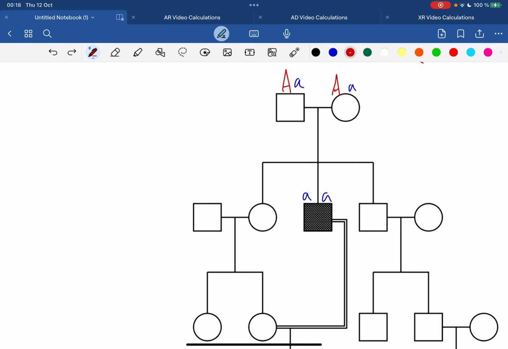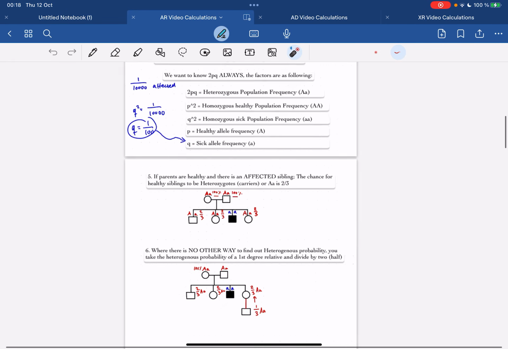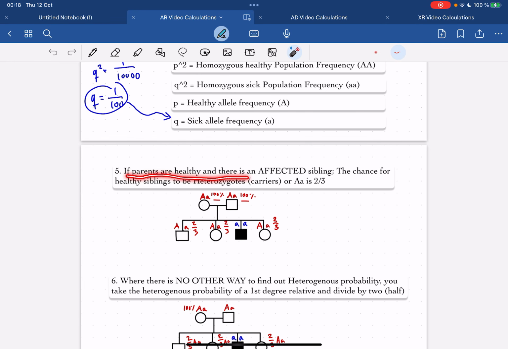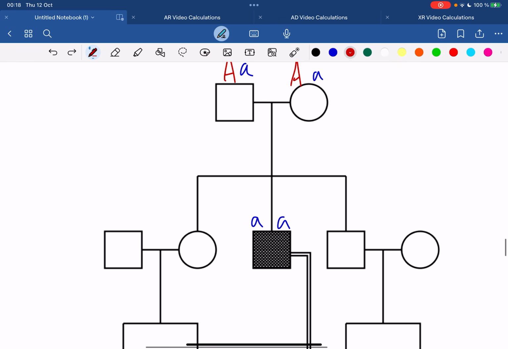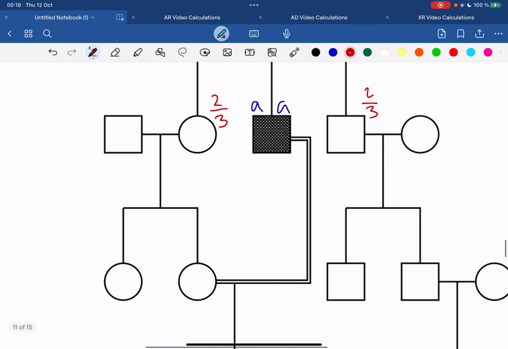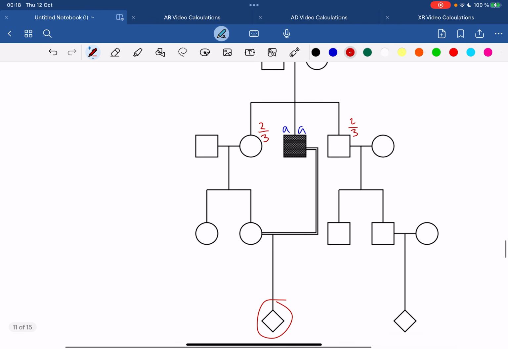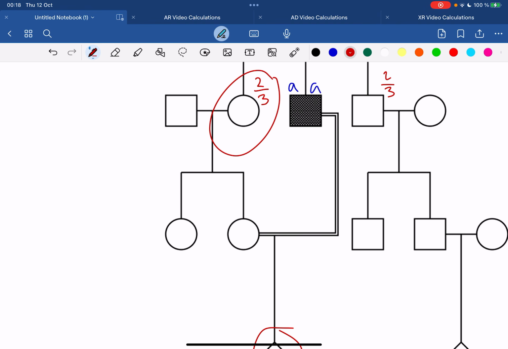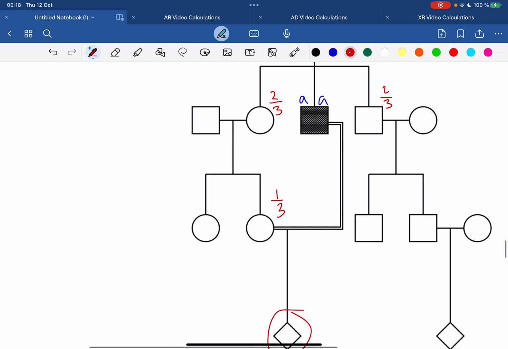And if we remember our AR rule, if parents are healthy and there's an affected sibling, the chance for the healthy sibling to be a heterozygous carrier is 2/3. So unhealthy sibling here, healthy parents, so the healthy siblings around are going to have a 2/3 chance. Now we just do the 50% rule, which would be 50% of this, and that is 1/3.